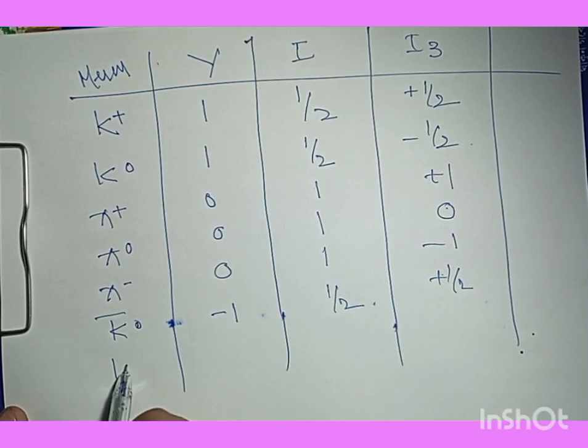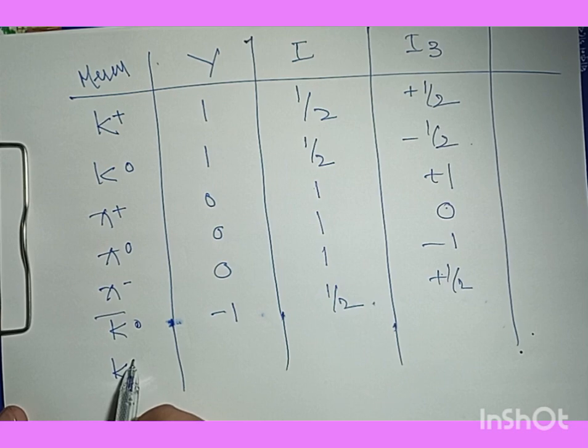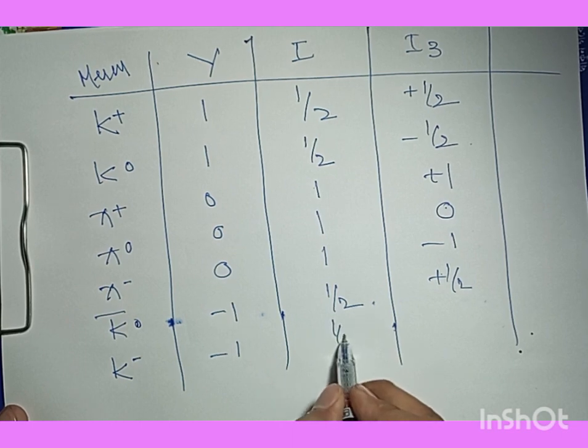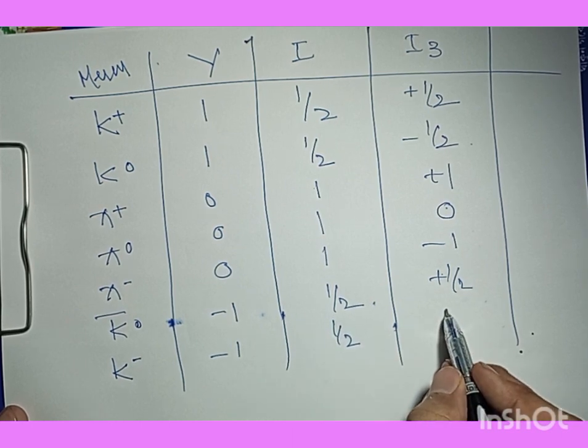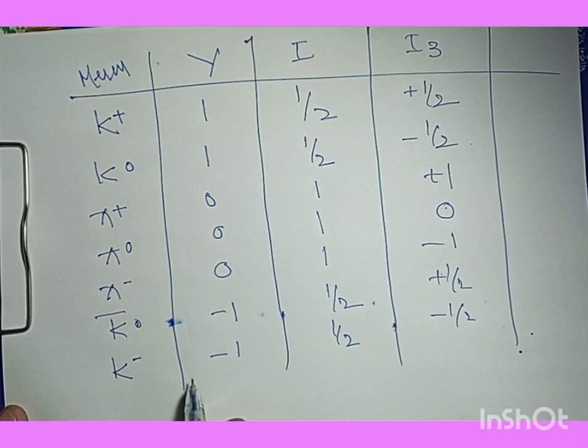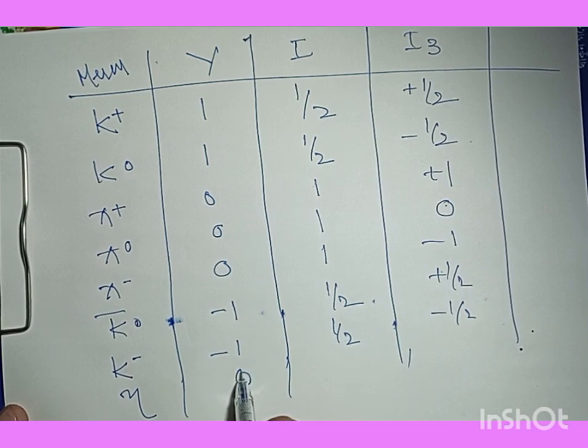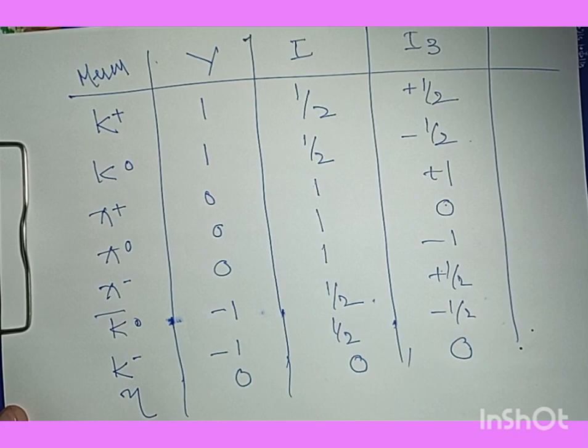Then K minus: the hypercharge is minus 1, I is half, and I3 is minus half. Finally, we have eta: Y is 0, I is 0, and its third component is 0.